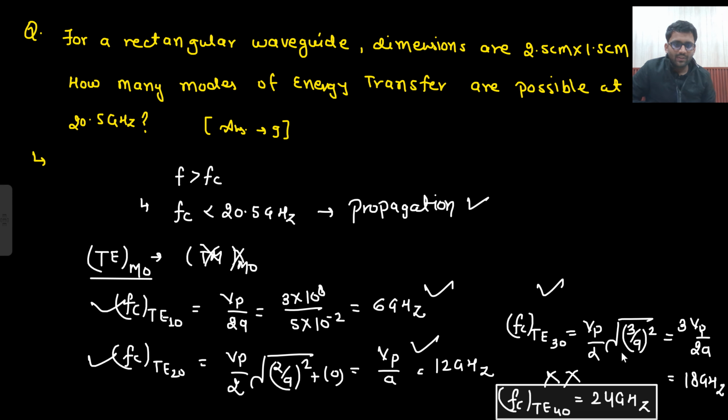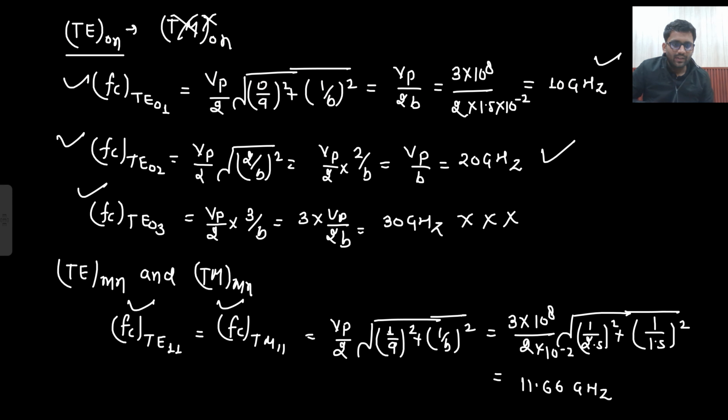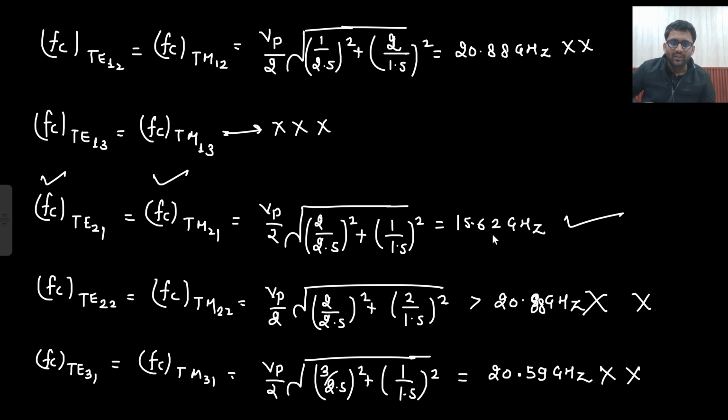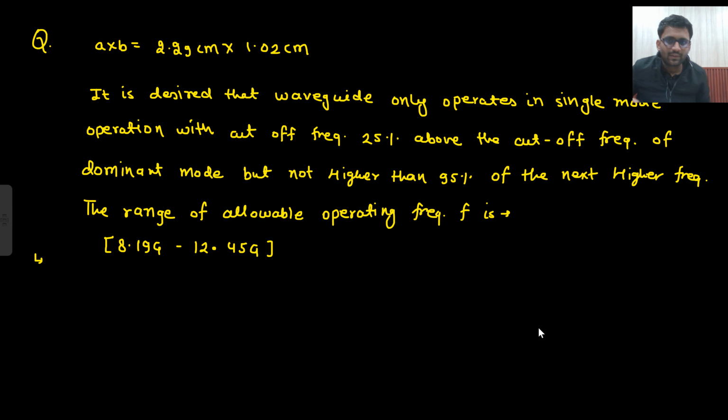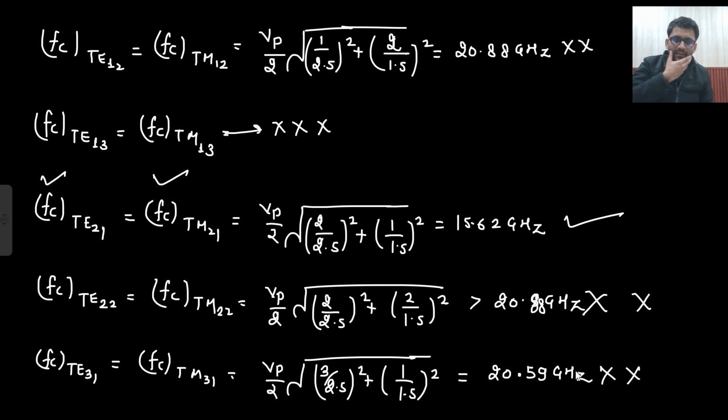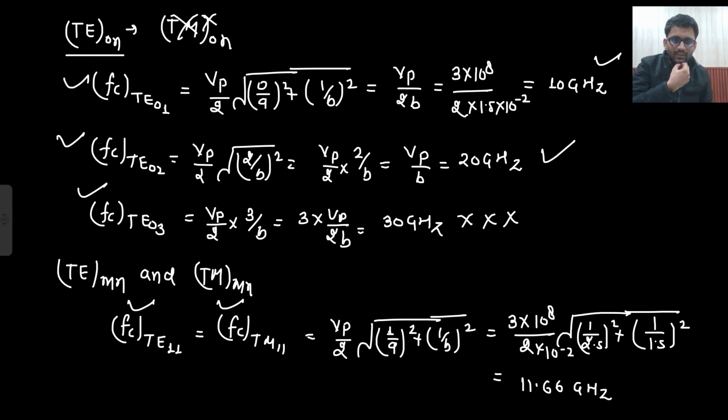So 6, 12, TE20 is having 18. Here it is having 15.62. Then TE21, which is equivalent to TM21. Then this was having 15.